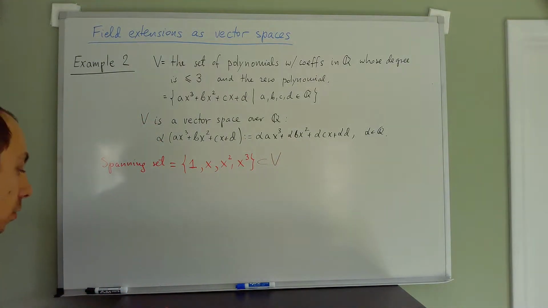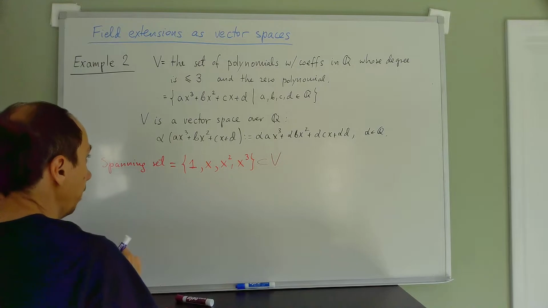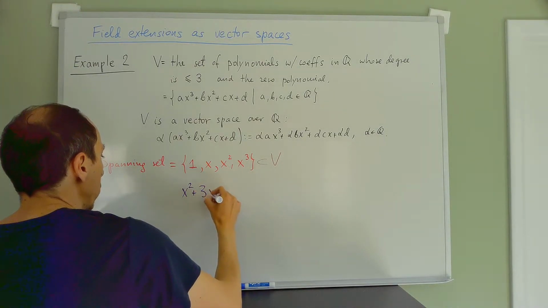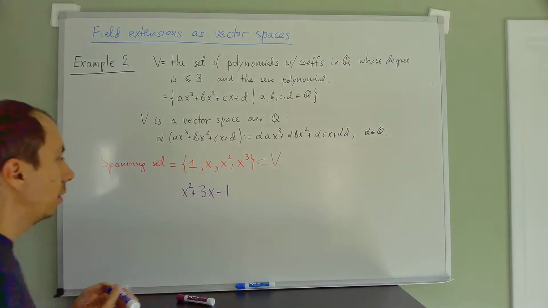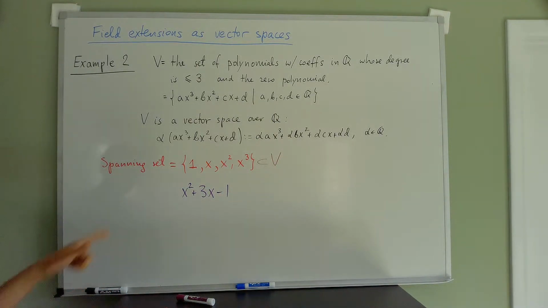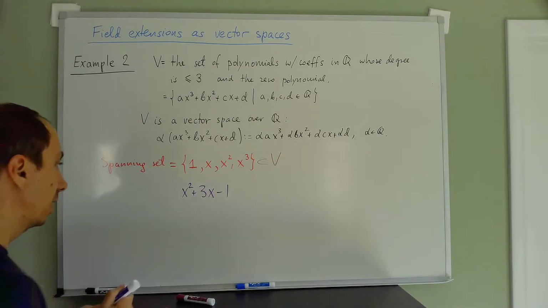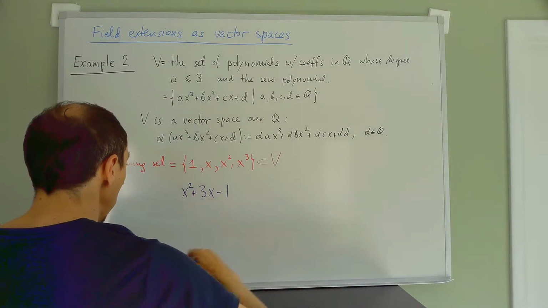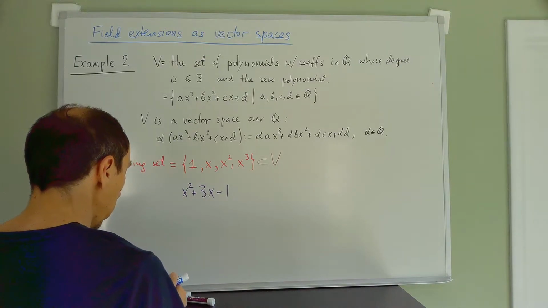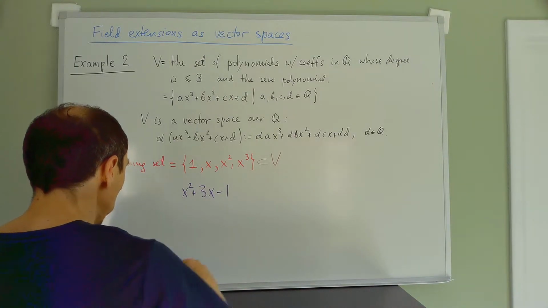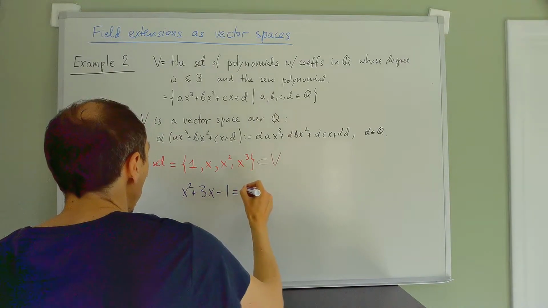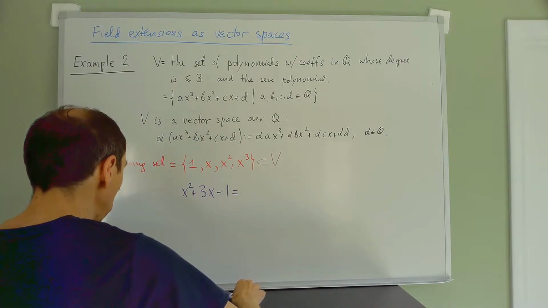In particular, I'm sure that you already understand what this is about, but if I wanted to write this polynomial using this spanning set, I would write it using different colors for scalars and for vectors. So this would be equal to, and now I need to use these vectors here.